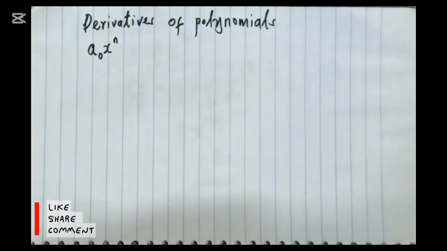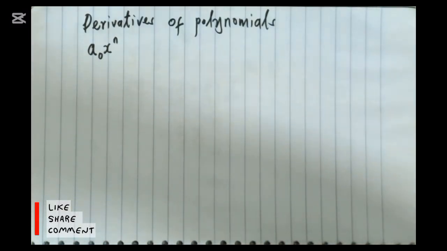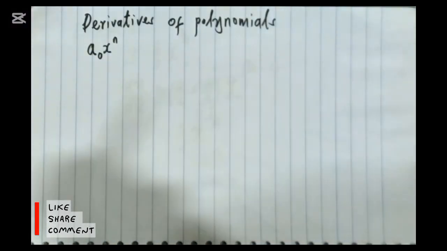So n can be any number from 0 to infinity, basically whole numbers. They can also be negative sometimes. Whenever you have several terms forming an expression, then we say that is a polynomial.